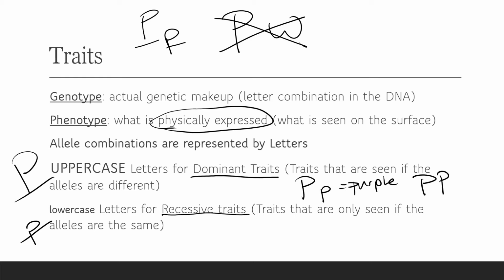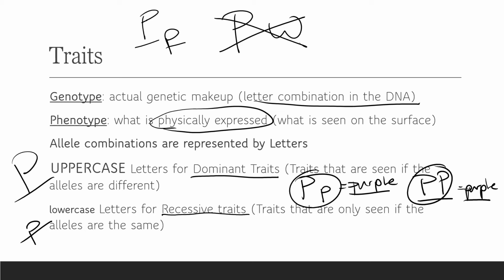And this flower would be purple too. So they have the same phenotype, but they have different genotypes. Genotypes are the actual letter combination in the DNA, and phenotype is what's seen on the surface, what's actually expressed.